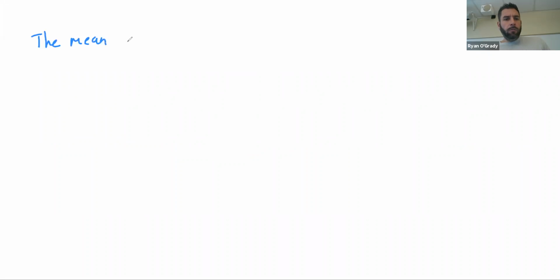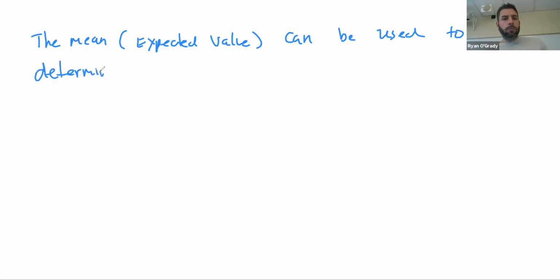The mean, the same thing as expected value, can be used to determine what I like to call fairness. And so then you can judge on things like, should I play this gambling game, or should I buy tickets for this lottery?